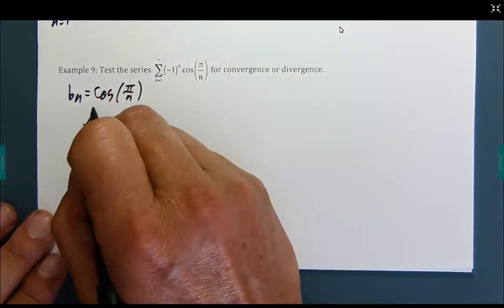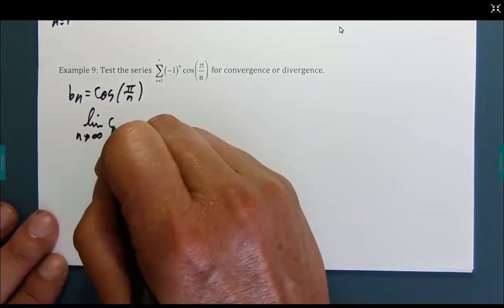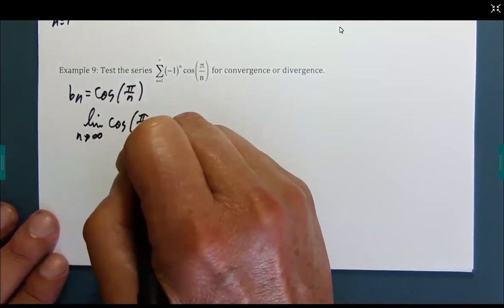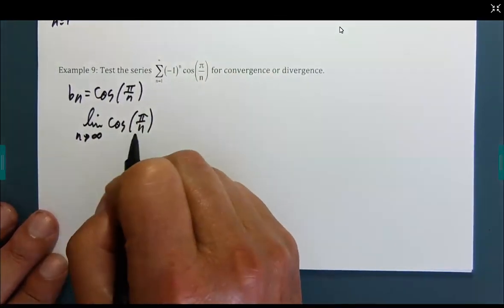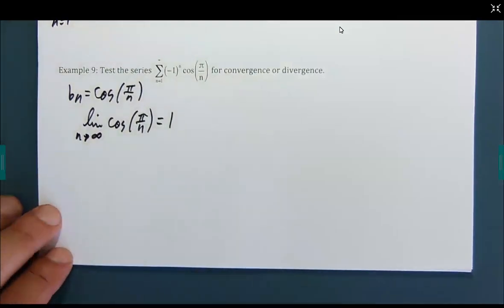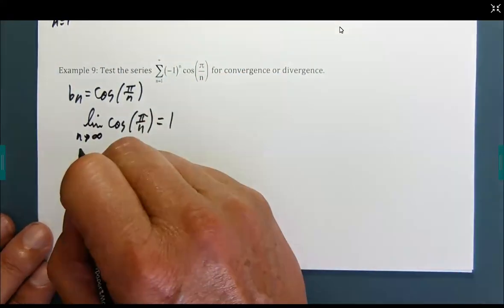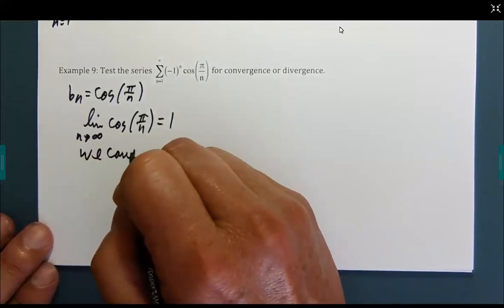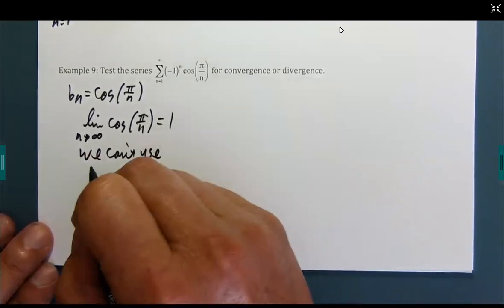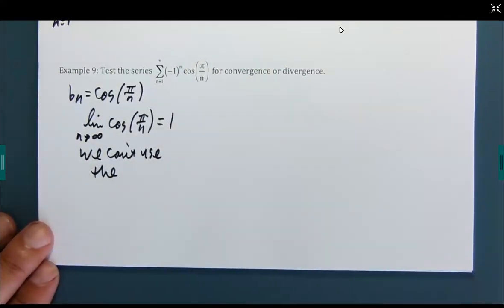And I'm going to take that limit right out of the gate here. And as that n gets large, that whole piece there goes to 0, and cosine of 0 is 1. That is a problem. So we can't use the alternating series test.